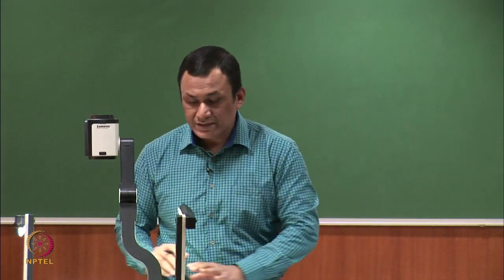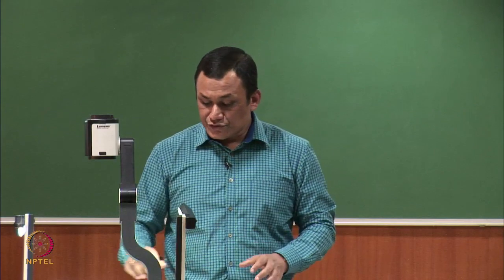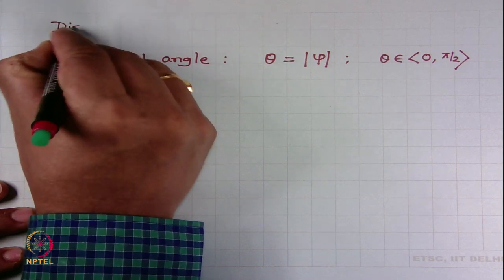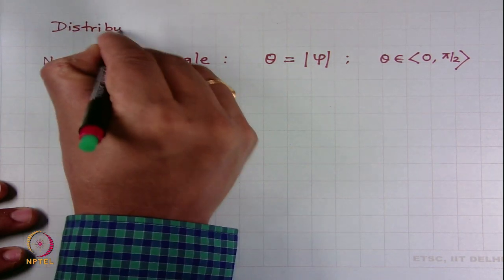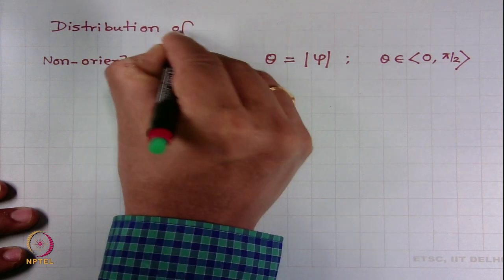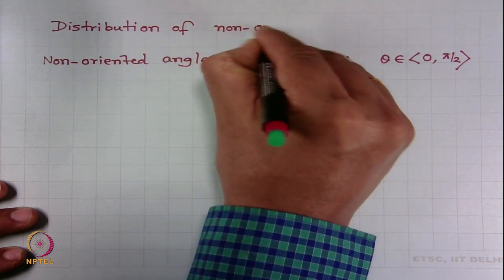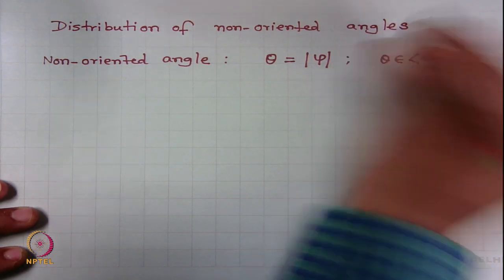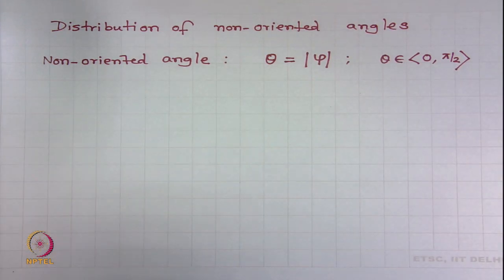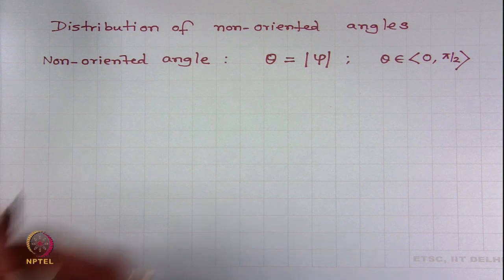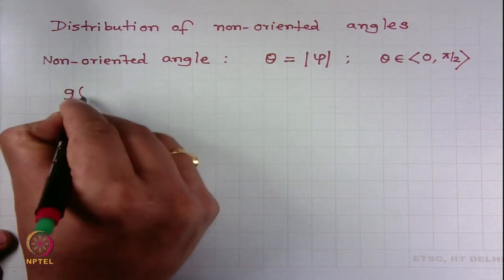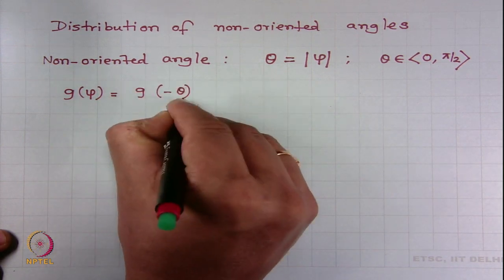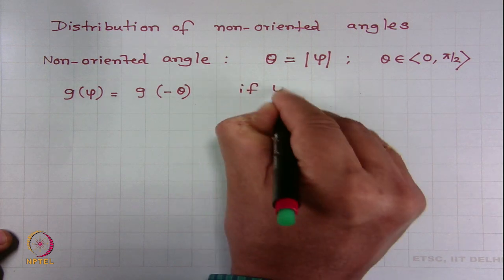So, let us now understand the distribution of this angle theta, the distribution of non-oriented angles. Now, G of psi is equal to G of minus theta when psi is less than 0.